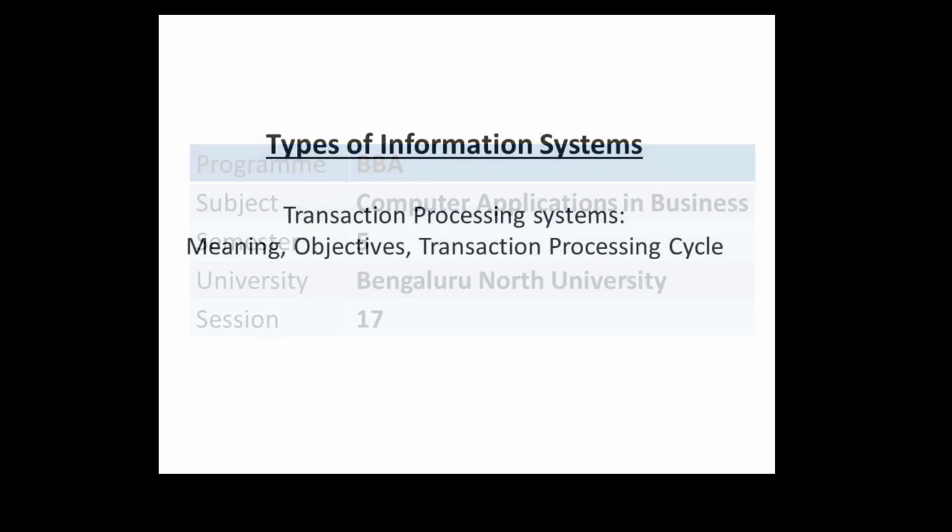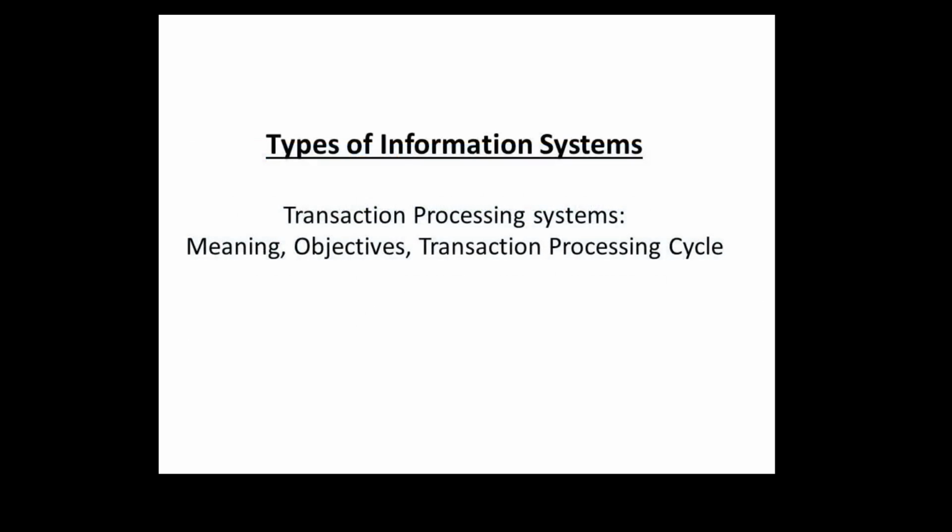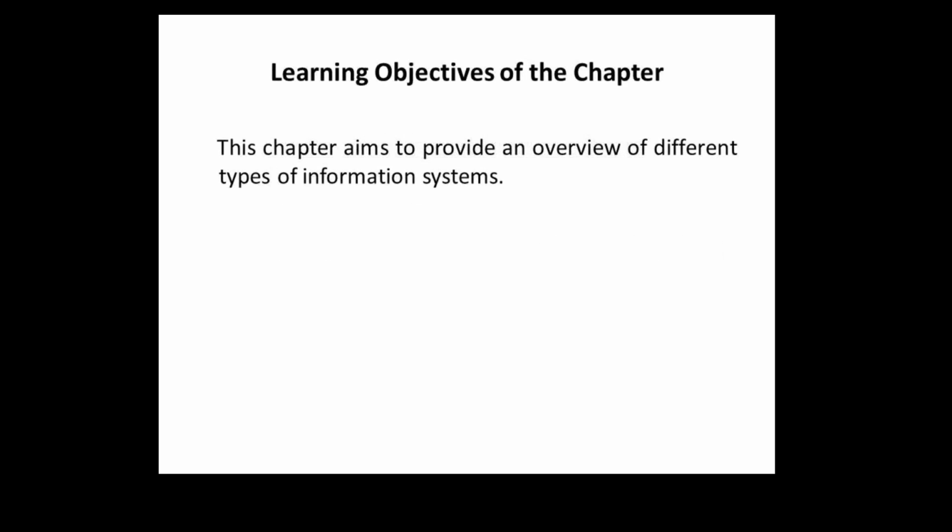In the current session, we are going to discuss the transaction processing system, called TPS, its meaning, objectives and transaction processing cycle, which comes under Unit 2, the topic Types of Information System. The learning objective of this chapter is to provide an overview of different types of information system.